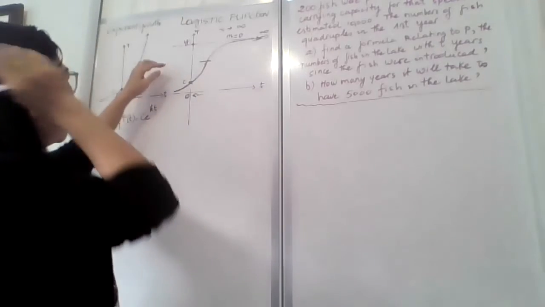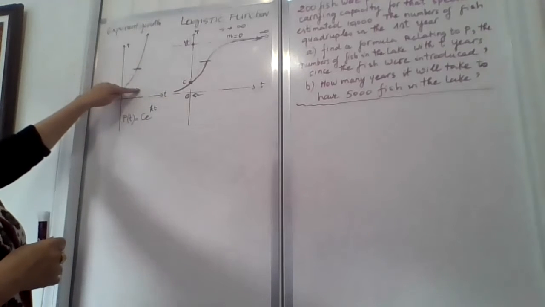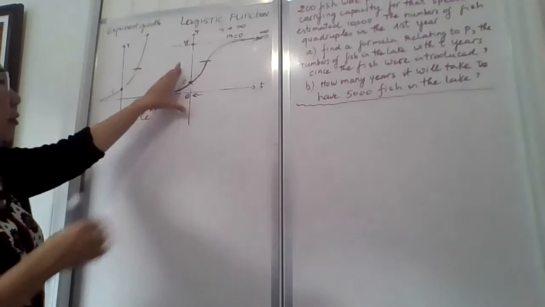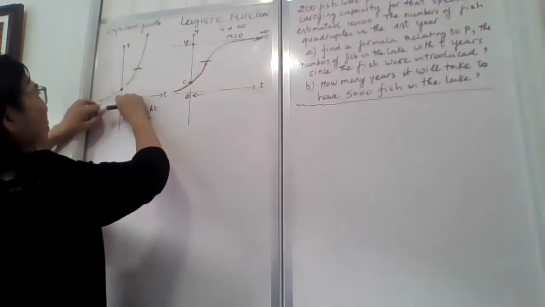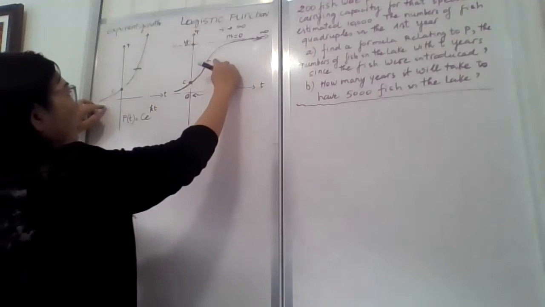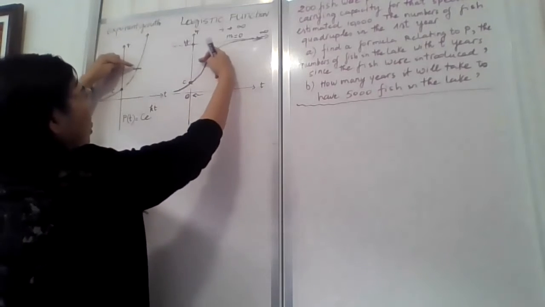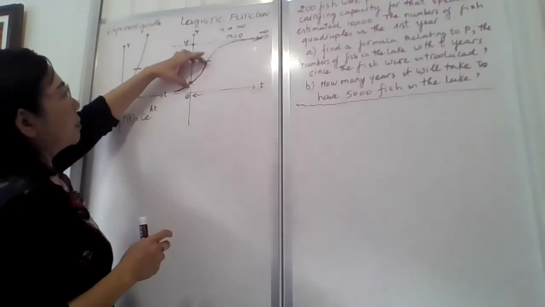On the board, I have two functions. One is the exponential function, and everybody already knows about that. On the right-hand side, I have a curve, very much like this one. However, when it goes to the two knuckle here, when I put the line here, I show you this part looks like this part.